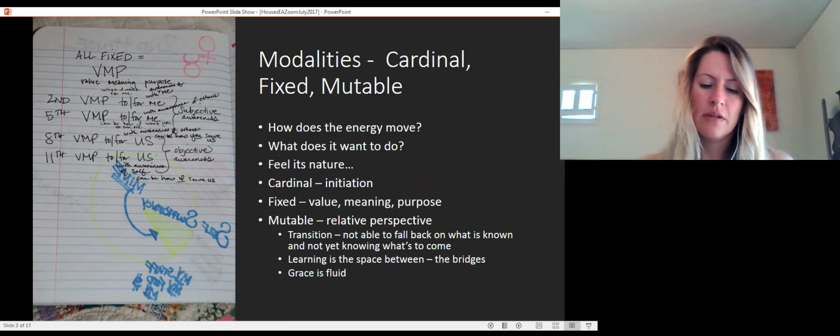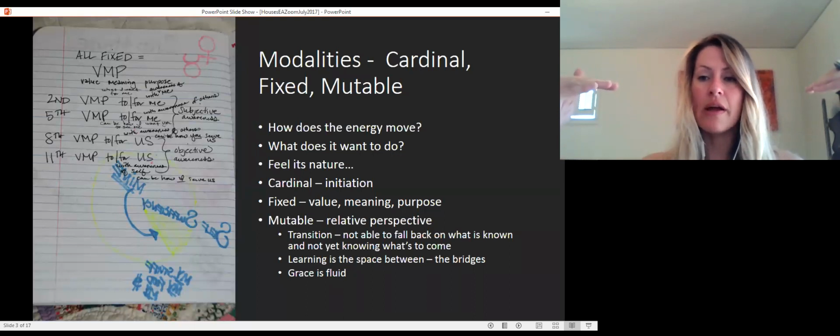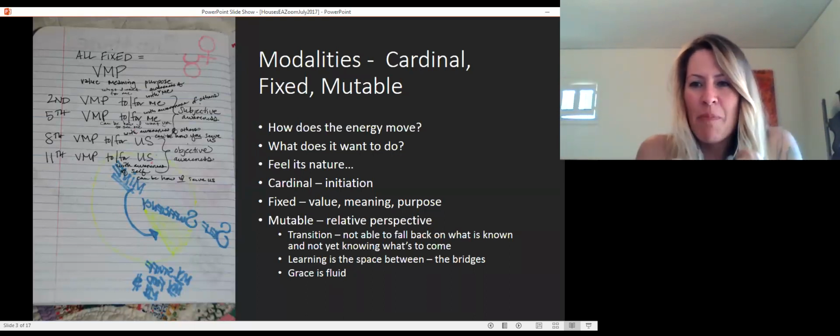The fixed energy wants to find value, meaning, and purpose and secure whatever was initiated prior to it. So here's how the three are always working together as well. So fixed energy, this is why we see it as that little center with all the arrows of energy pointing in, because all the energy is coming back in upon itself to make it sustainable, to make it sufficient, to make it live, to make it survive.